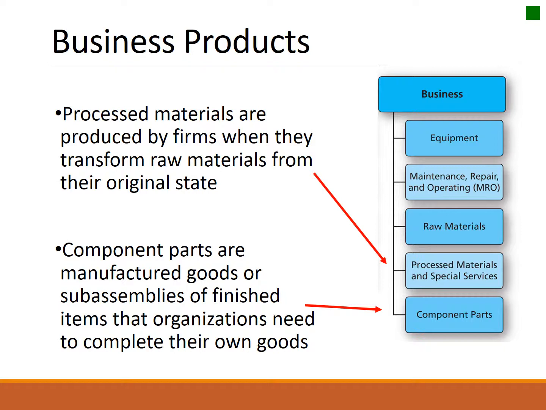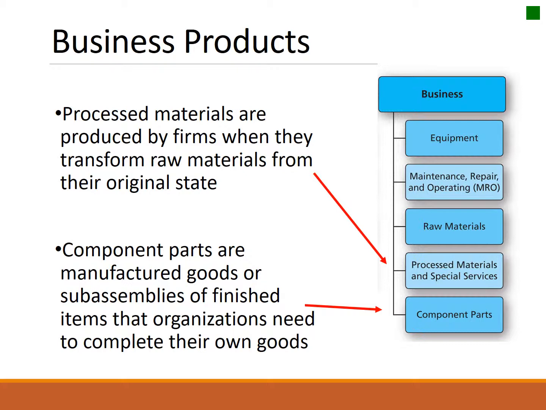If you can think about lumber, being a raw material, if lumber is cut into pieces and planked, then that would be a processed material, and then that processed material goes into the good that the firm is producing. So that might be a better example of a processed material.